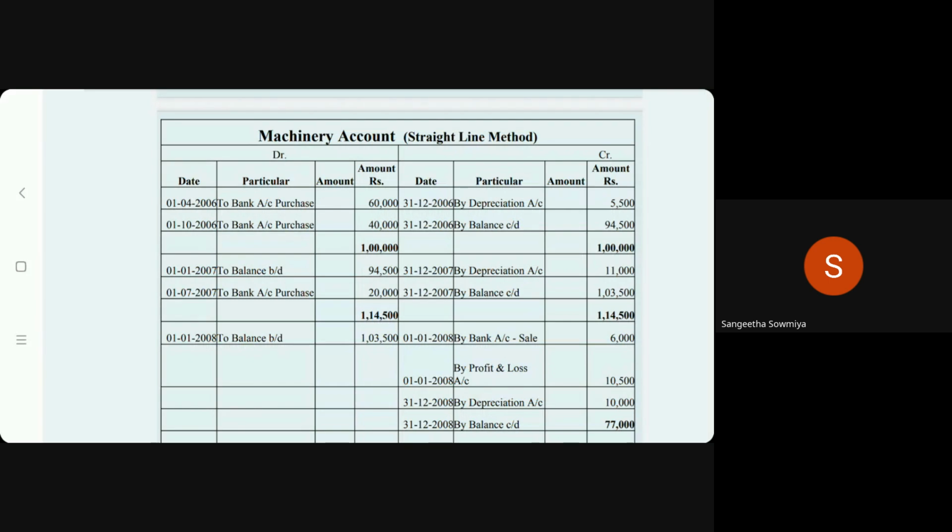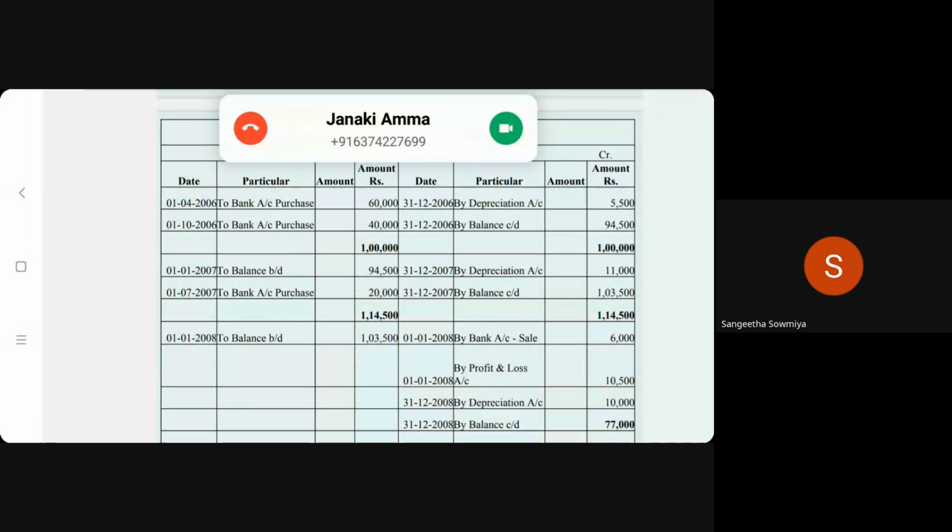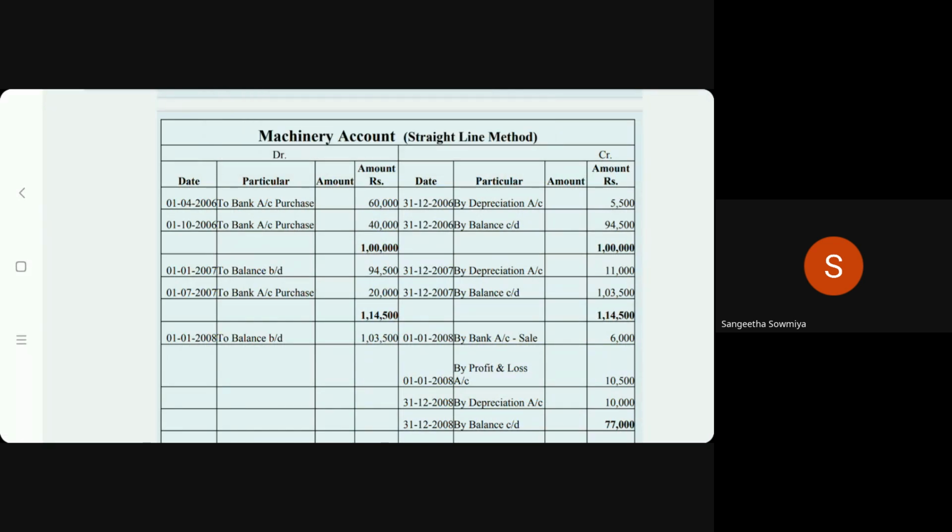So now, at the end of 2006, 31/12, you have to close the ledger account. The debit side is 1 lakh, the credit side only 5,500. So what is the closing balance of your asset account? The asset value is 94,500. So that is the closing balance. Balance carried down, C bar D, means balance carried down. That you have to bring into the debit side the next year.